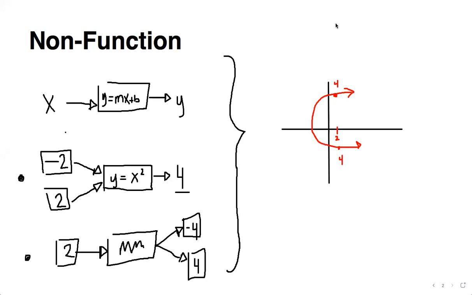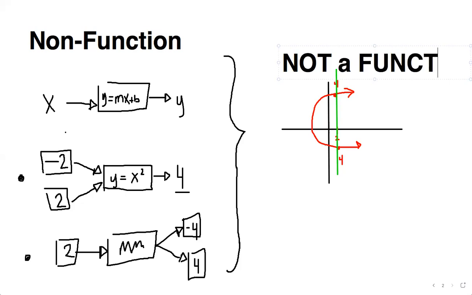This graph does not pass the vertical line test. If I draw a vertical line through my graph, the graph touches that vertical line more than once. So we know this is not a function. It does not meet the vertical line test.